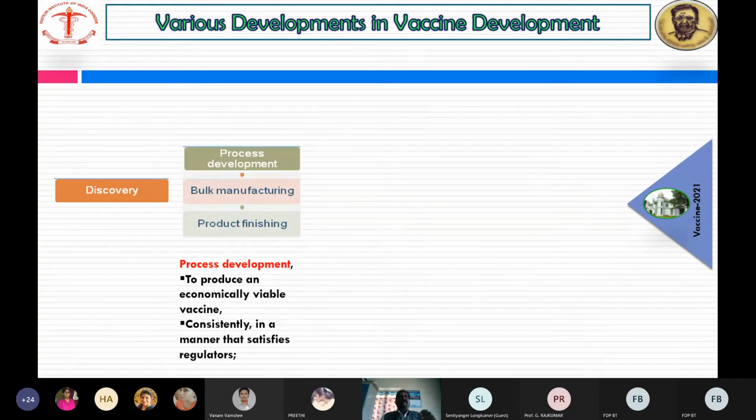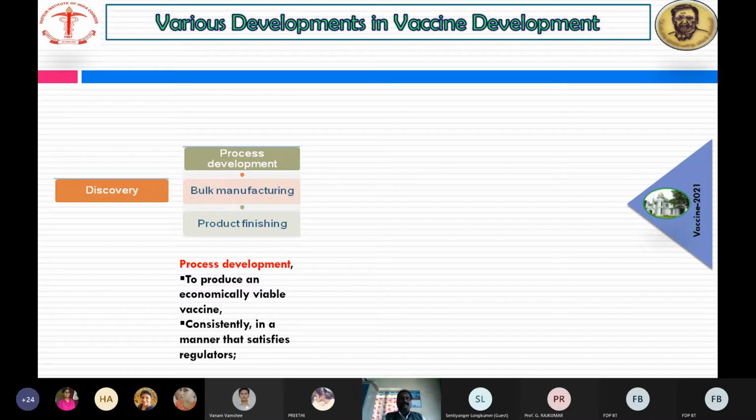Next, going for the bulk process, that is process development, bulk manufacturing, and product finishing. Process development means to produce an economically viable vaccine consistently, in a manner that satisfies regulators. What is meant by economically?